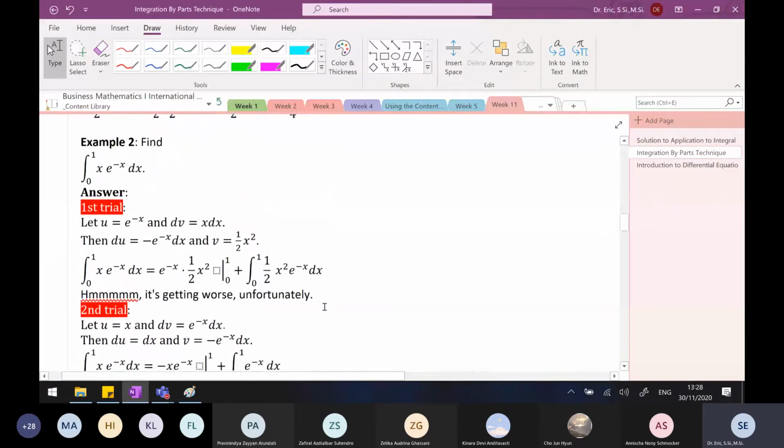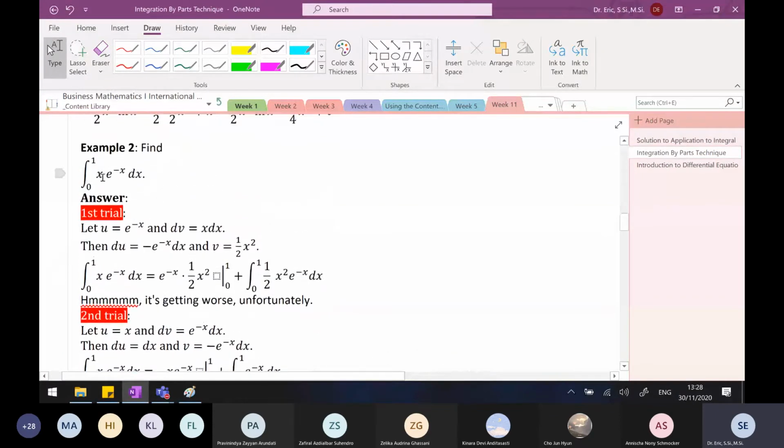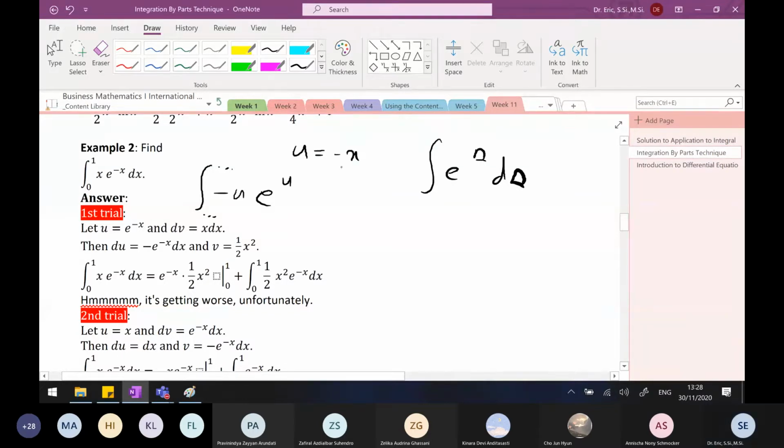This one, example 2, is x times e to the power of minus x. Can I use u equals minus x? I want to use the substitution method. Let's see. It will give you the integral of something, x is minus u, e to the power of minus x is e to the u, dx is minus du.